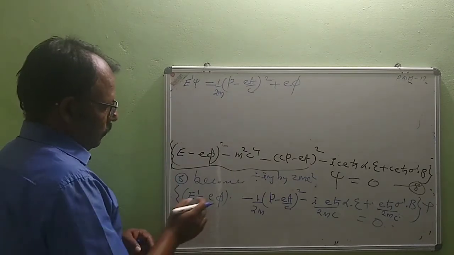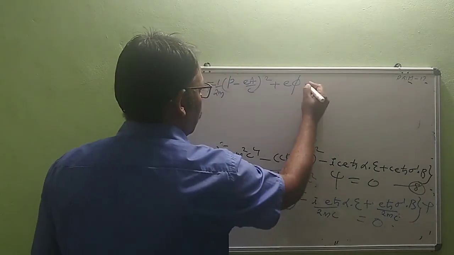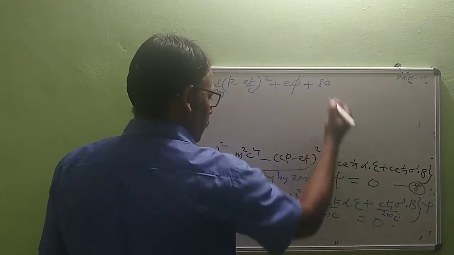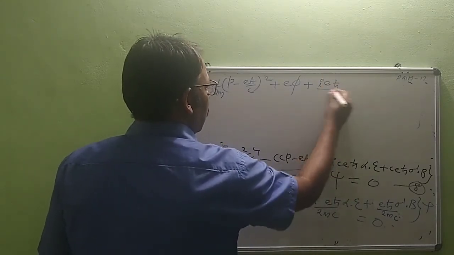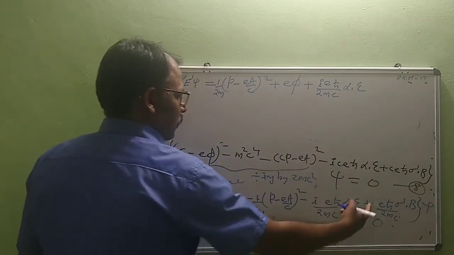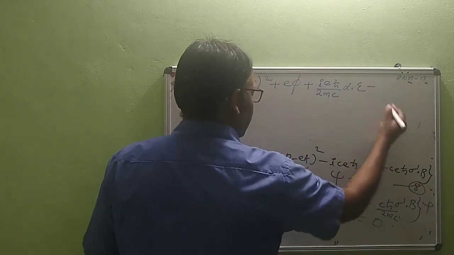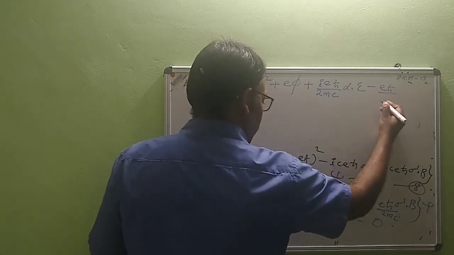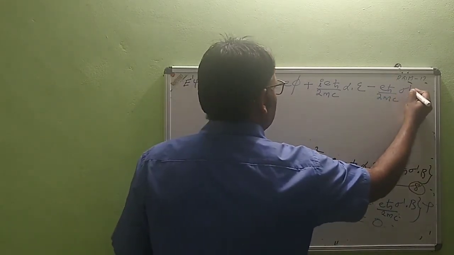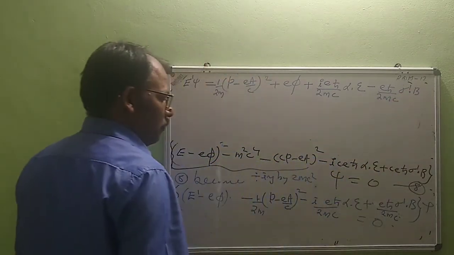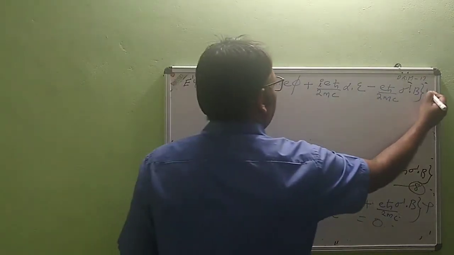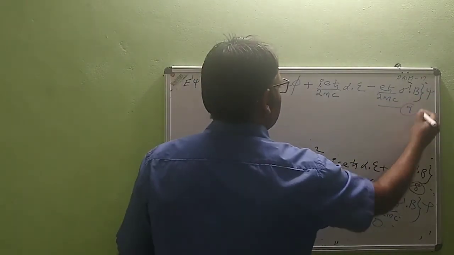Now this one plus i e h bar by 2mc alpha dot E. Then this term, taking to the right hand side, will be minus e h bar by 2mc sigma prime dot B, the whole thing operating on wave function psi. This I am taking as equation number 9.